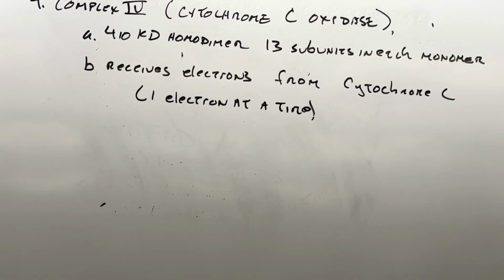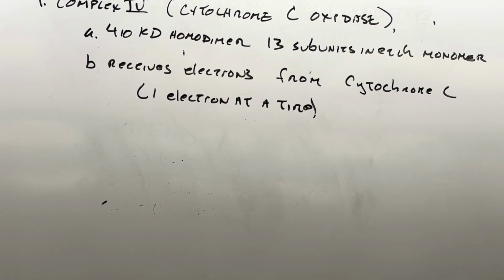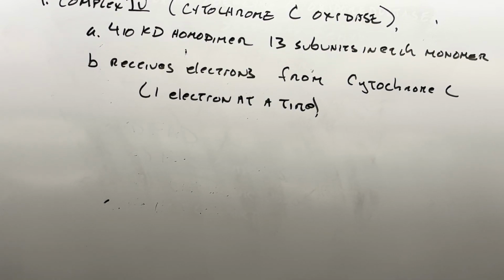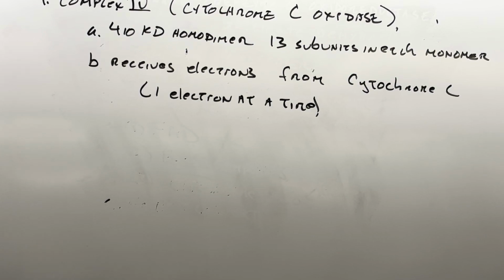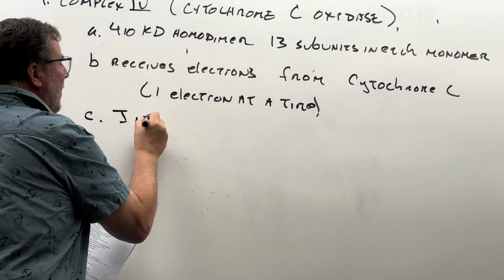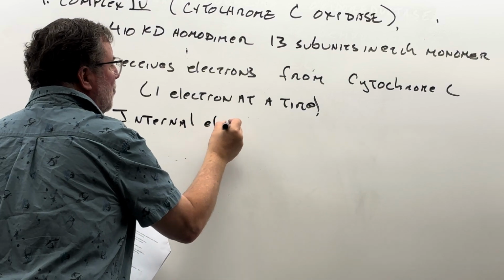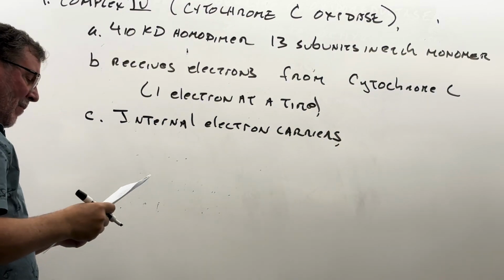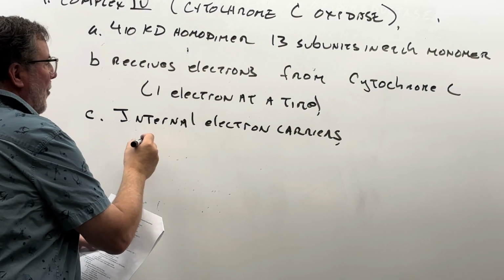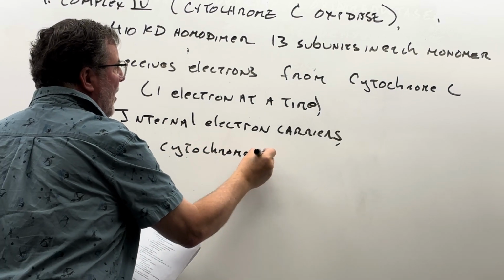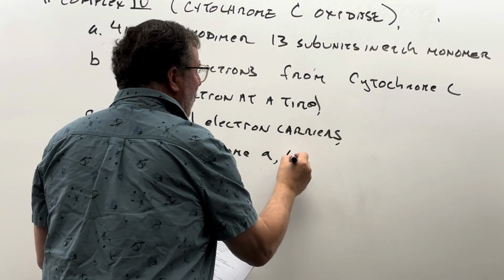So from NADH, you're going to end up generating two reduced cytochrome C molecules that are going to donate their electrons. We look at some of the internal electron carriers. We have some more cytochromes: a cytochrome A, a cytochrome A3.